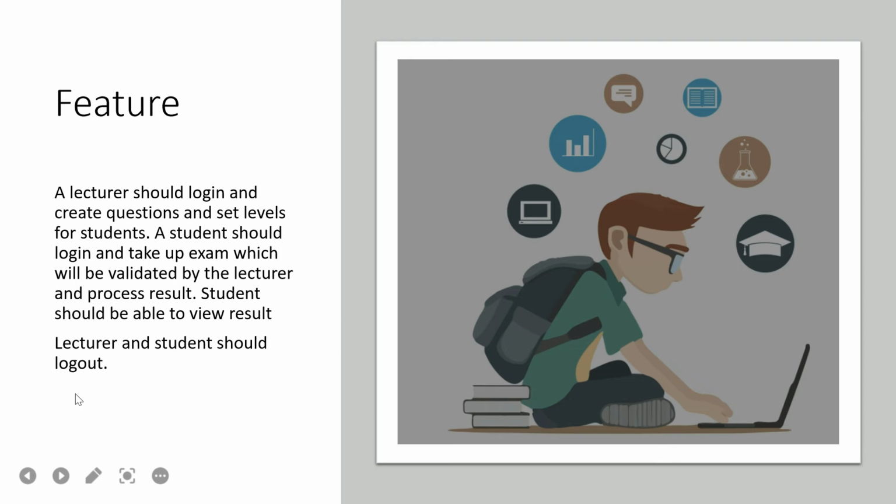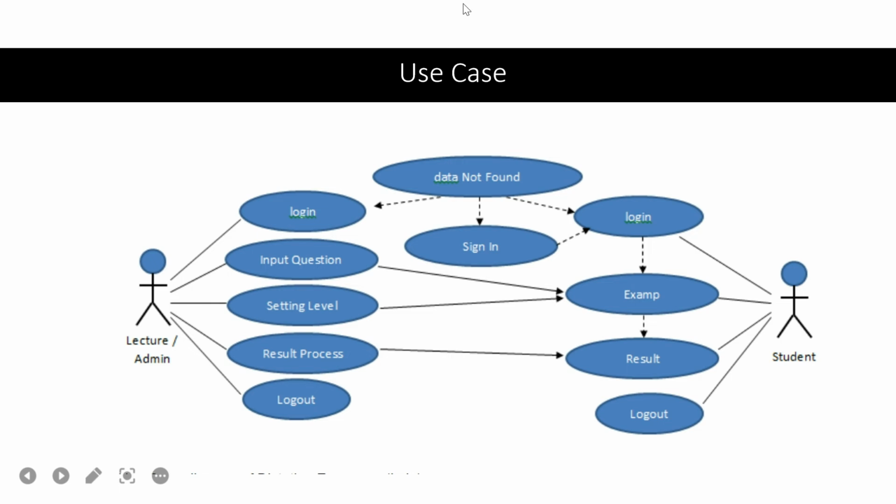So now we'll see how the use case for this will be written. This is going to be your use case. You have two actors, lecturer and student. What are the actions of the lecturer? Login, he can input questions, he can set levels, he can process the result, and he can log out. In the same way, what are the student's actions?